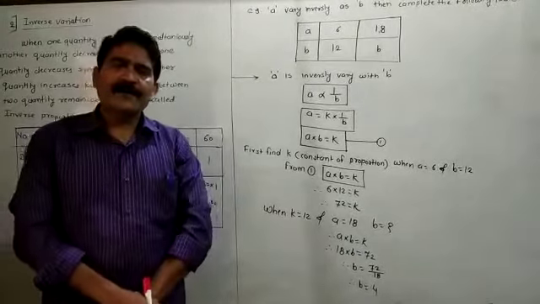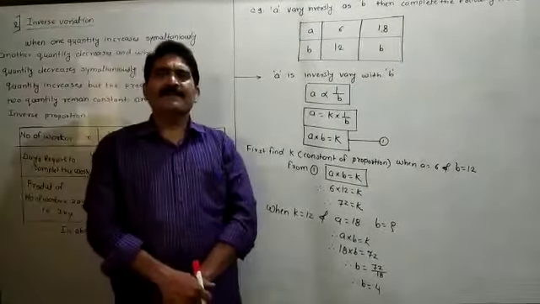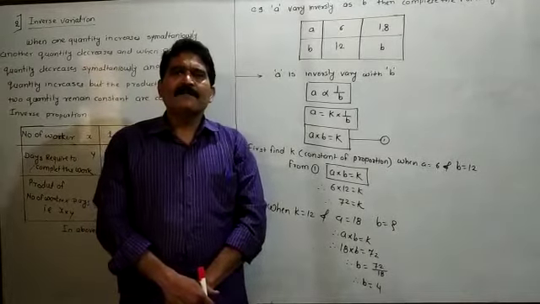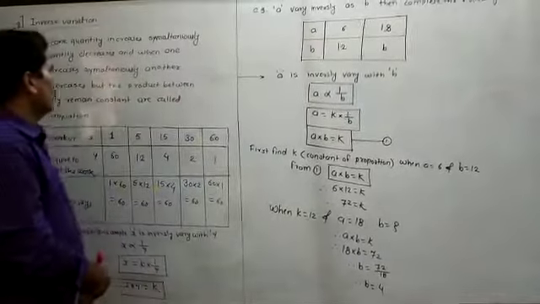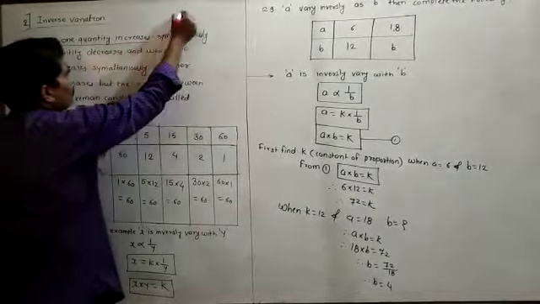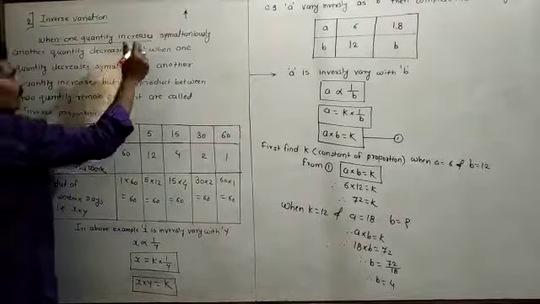Today we are going to start with inverse variation. In inverse variation, exactly the condition is opposite of direct variation. When one quantity increases, simultaneously another quantity decreases.